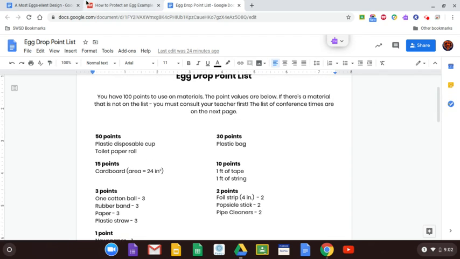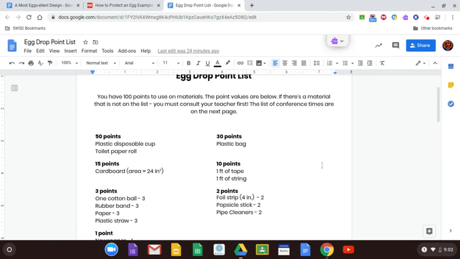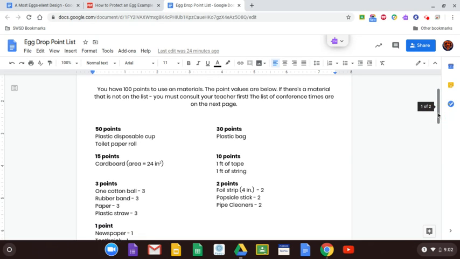And in fact, it may help you to determine if it is a strength or a weakness. Like let's say you chose one design and it has a disposable cup, a plastic bag, two toilet paper rolls. Like at that point, you're spending way too many points.